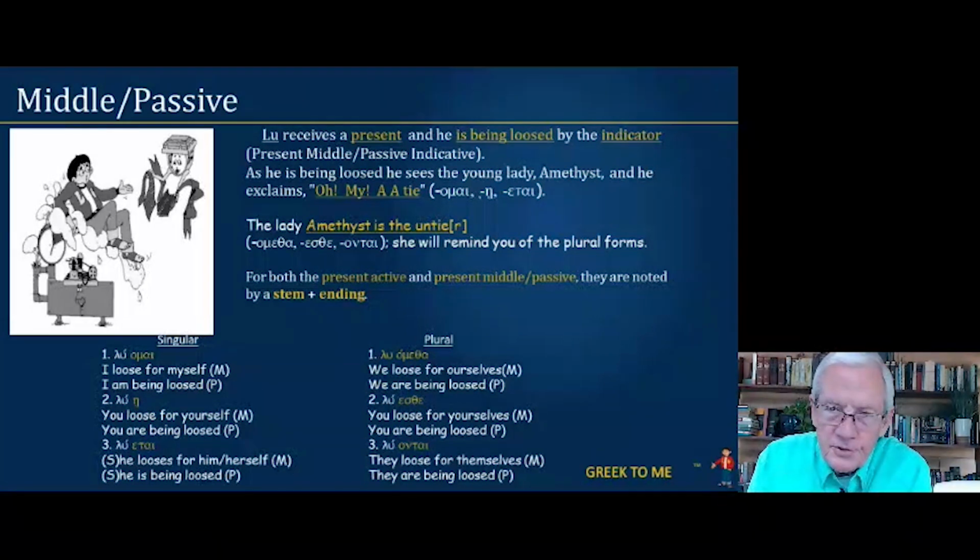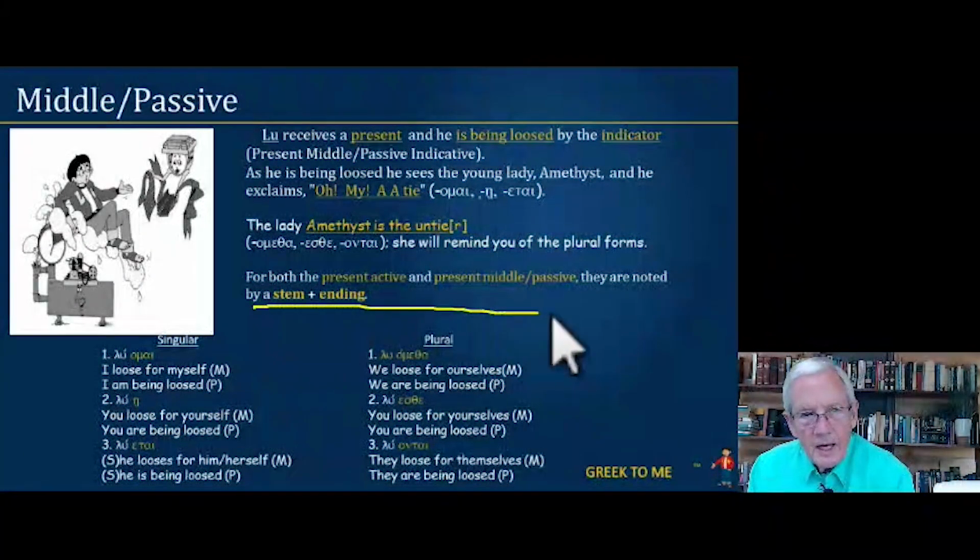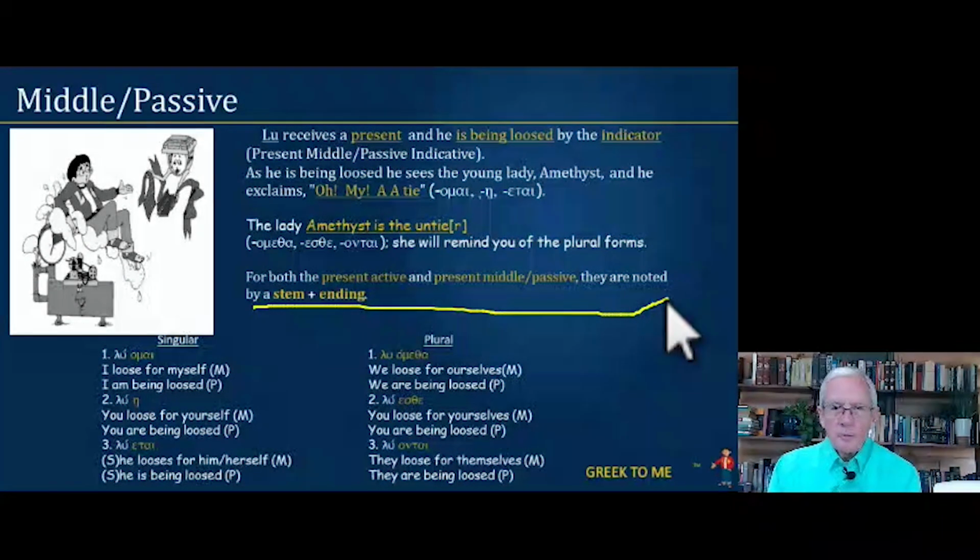So amethyst is the untier. Ometha, esthe, ontai. Now notice the all-important thing right here for both the present active as well as the present middle passive indicative. They're noted by a stem plus an ending. Those two things, stem, ending.